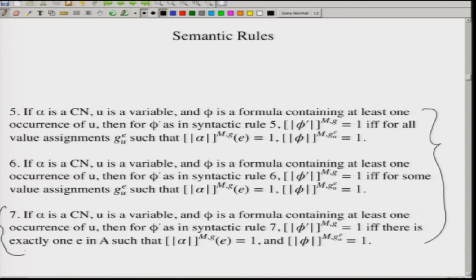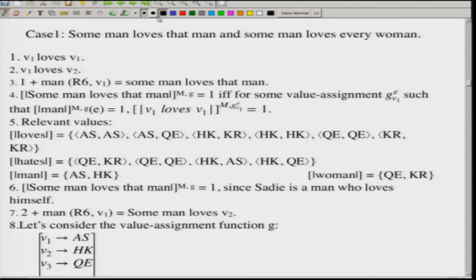In this session we are actually going to deal with rule 7. These we already remember. This is for all, and this is for some. So, it's just a quick reference to the rules. We need to refer back to the rules.